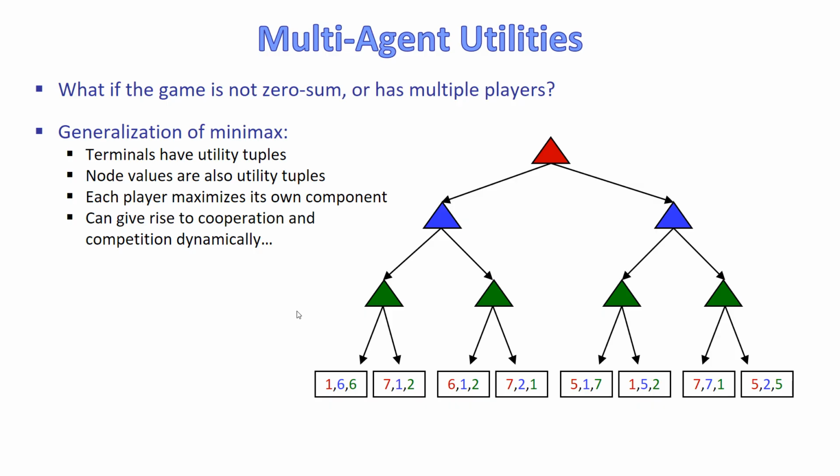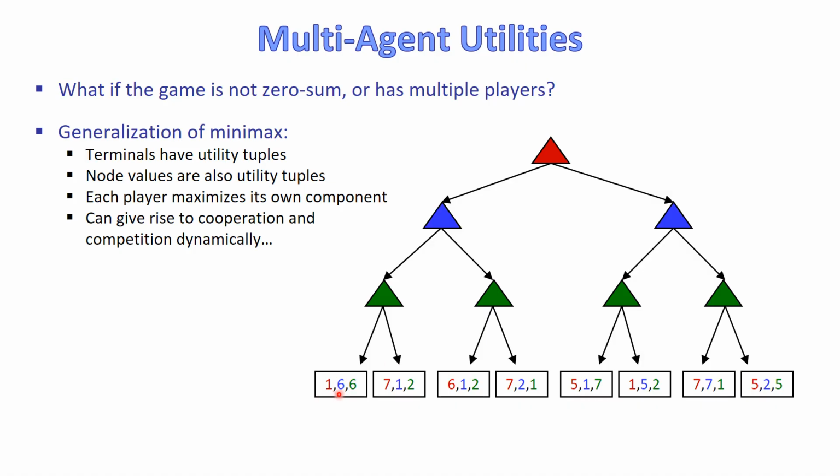So for example, if you look at the search tree that we have here, you will see that at every terminal node, in that search tree we have three players. We have the red player, blue player, and green player, and each one has its own turn.